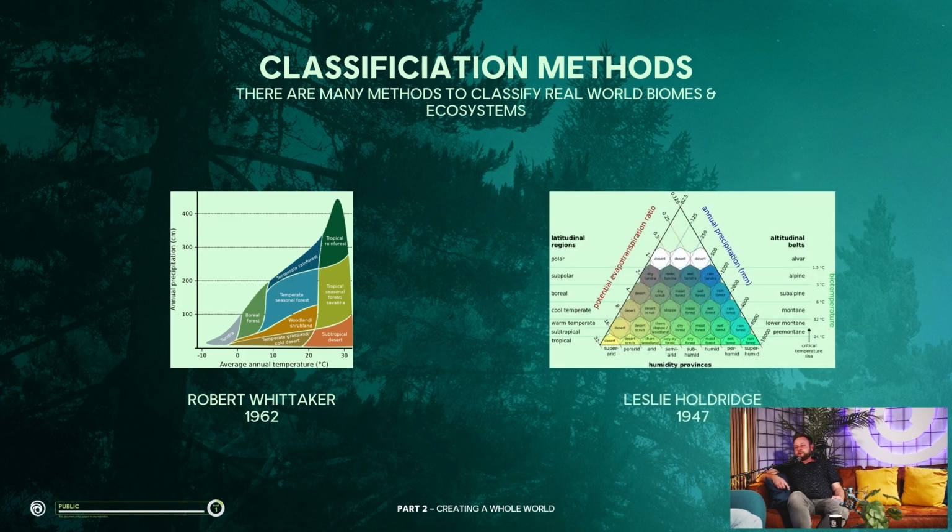But my favorite is actually the Leslie Holdridge life zones. It was created by Leslie Holdridge in 1947, and it's actually a three-dimensional pyramid where you take precipitation, temperature, but also evaporation into account. And it's pretty granular, so you have a lot of biomes and ecosystems there.